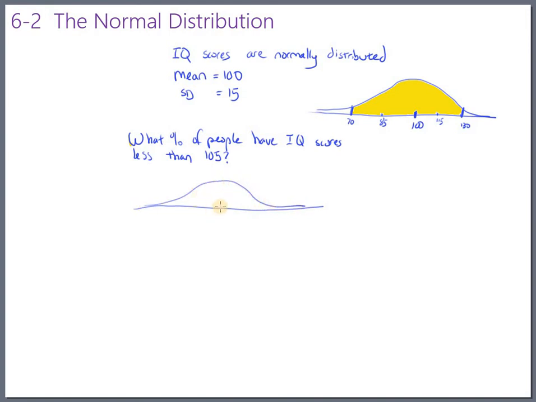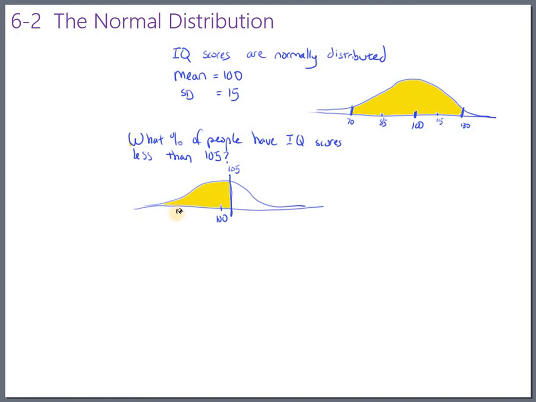So there's my normal curve. I'm at least going to label the mean. It's not as important to label the two standard deviations on either side. You can if you want to. But really the important part here is to say I'm interested in 105. So 105 is probably about right there. I'll just label it up there, 105. Less than 105. So I'm interested in everything that's to the left of 105.